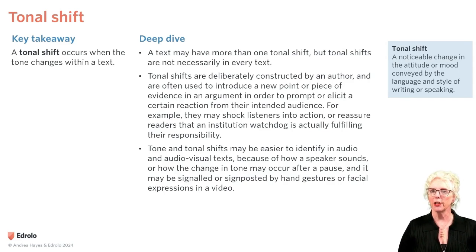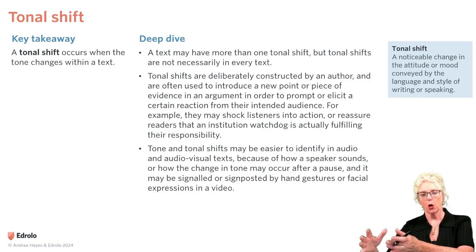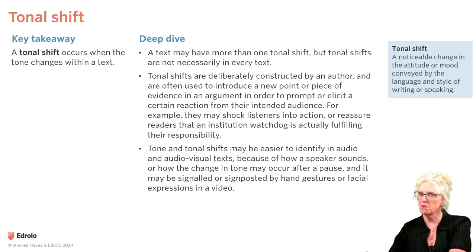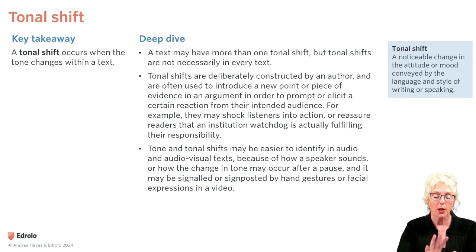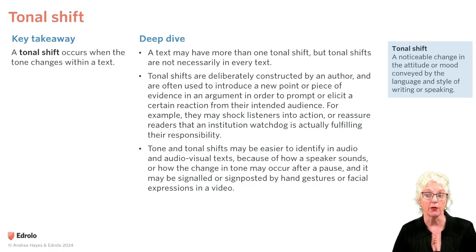What is tonal shift? A tonal shift occurs when a tone changes from, say, friendly to ominous within the text itself. So a text may have more than one tonal shift, but tonal shifts are not necessarily in every text.